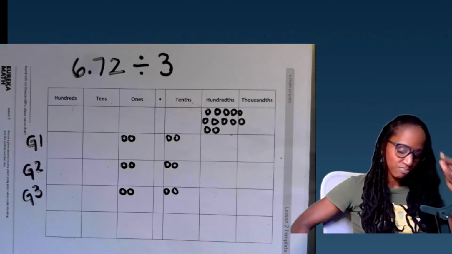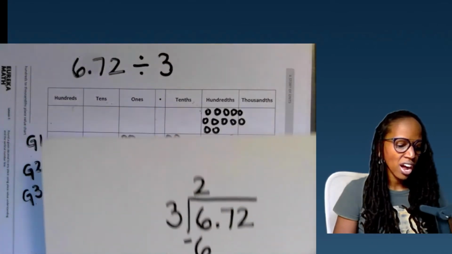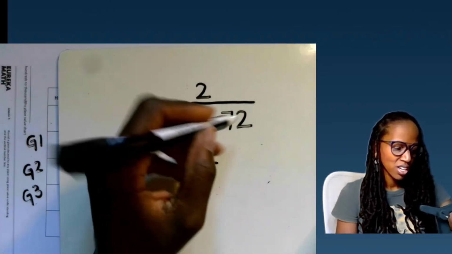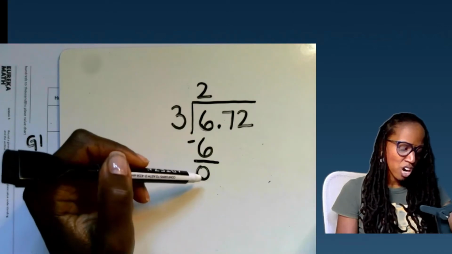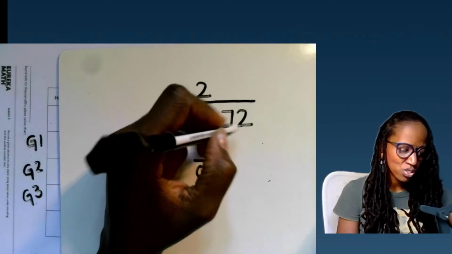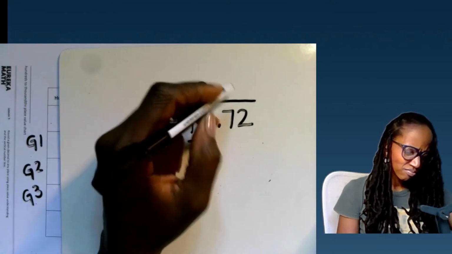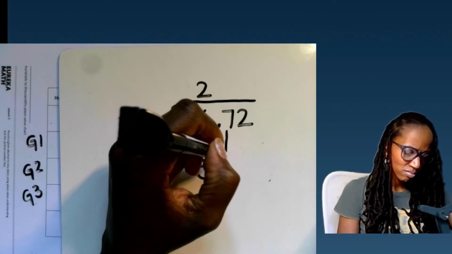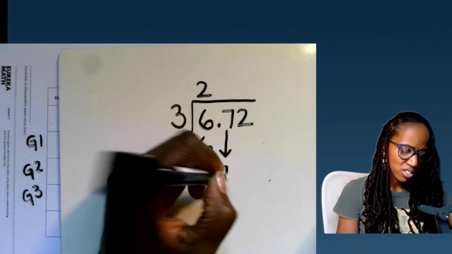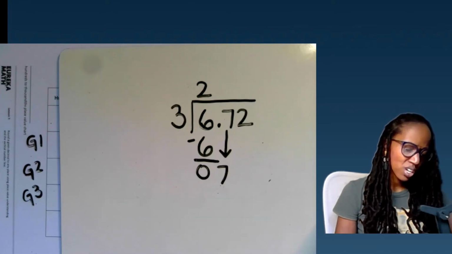So now let me show you how that would work on our standard algorithm. So I shared all of my 6 ones and now I am going to go to my next place value. I had 7 tenths remaining. So I'm asking myself, how many equal groups can I make?